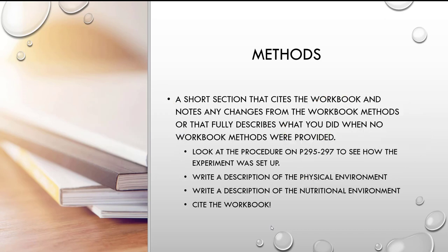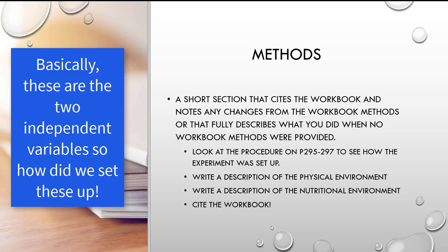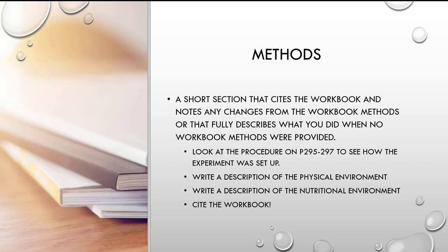Then we establish the treatment, the independent variables there, and see what was the difference between them and so forth. And don't forget to cite the workbook, since the workbook is what is supplying that information.